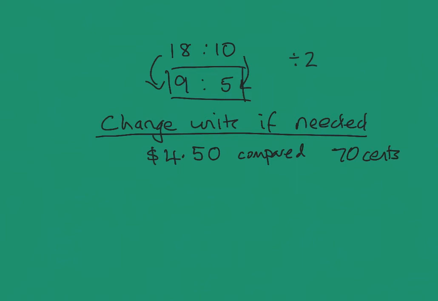So I'm going to write them both as cents. So one person's got 450 cents and another person's got 70. Now I can simplify, and I know that 10 goes into both of those. So when I divide by 10, I get 45 and 7. And that's my simplified ratio.